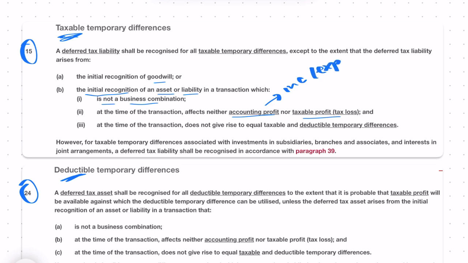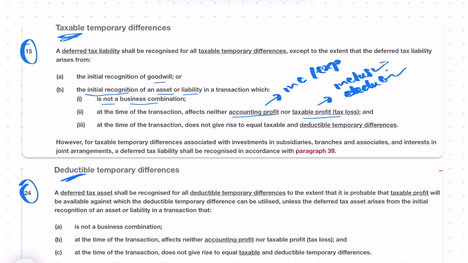Okay, and the way that we affect our tax profit is by perhaps having an inclusion in gross income or an immediate deduction. Okay, and so if you have either of these two things happening on initial recognition, then you are going to be affecting tax profit, and then you cannot be within paragraph 15.